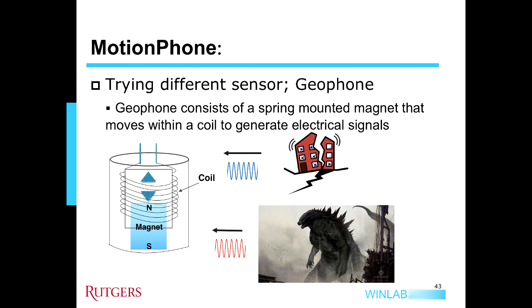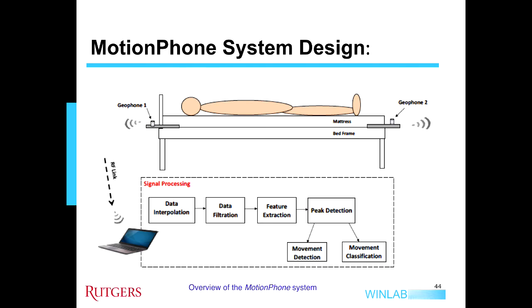It's basically a magnet that oscillates freely inside a coil. So that's the electricity principle. We have some voltage whenever we shake this magnet. We're using here 2 geophones, one close to the head and one close to the feet.